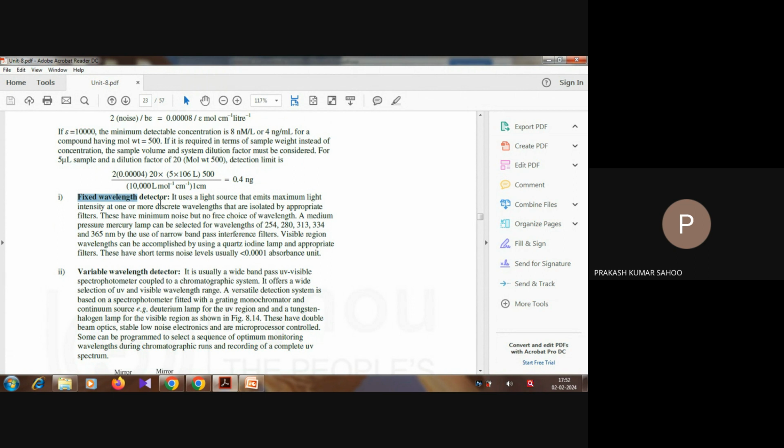Under the fixed wavelength detector, we can read that it uses a light source that emits maximum light intensity at one or more discrete wavelengths that are isolated by appropriate filters. These have minimum noise but no free choice. Then a medium pressure mercury lamp can be selected for wavelengths of 254, that is the lambda max, 280, 313, 334 and 365 nanometer by the use of a narrow band pass interference filter.